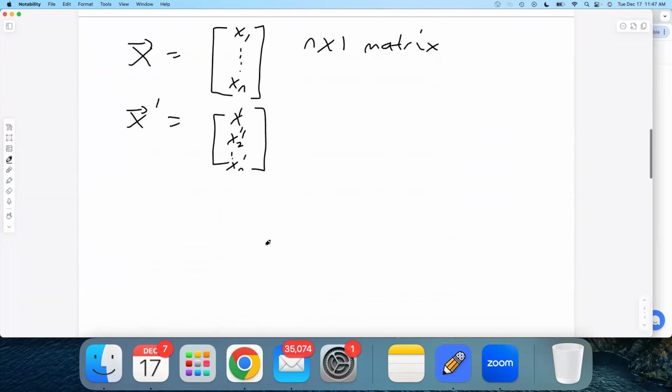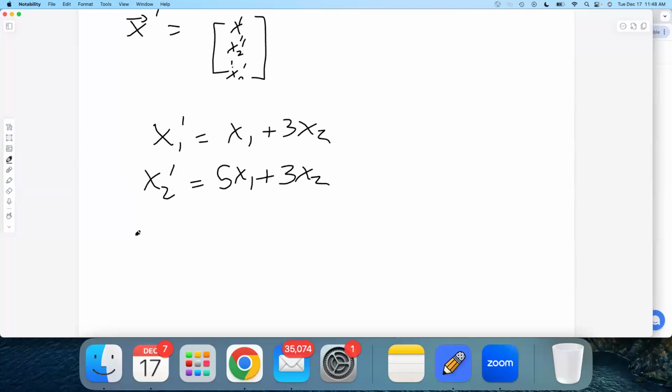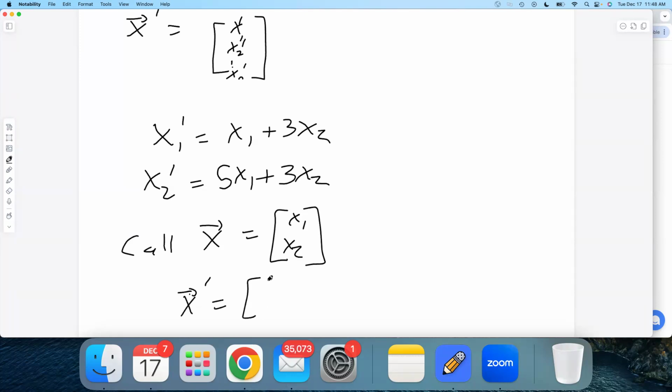So for example, here, let's rewrite that guy so we have him in front of us. x1 prime was x1 plus 3x2, and x2 prime was 5x1 plus 3x2. So again, we're going to call this vector x, the vector, in this case, x1, x2. Then this guy over here is vector x prime.